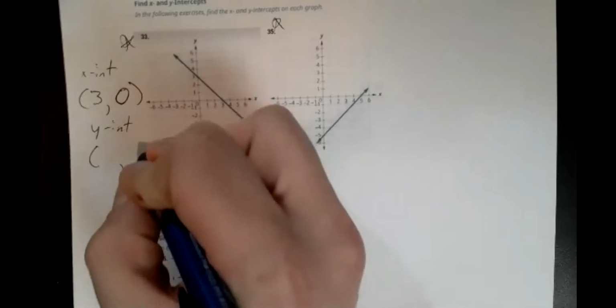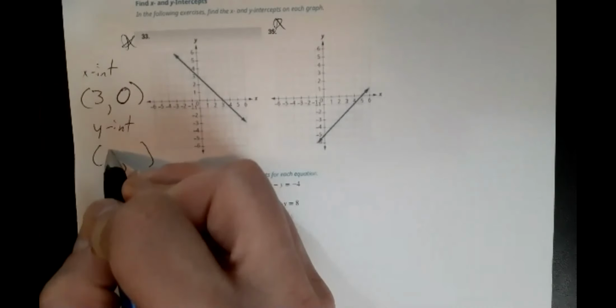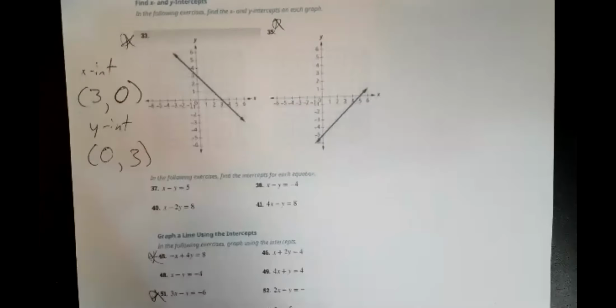So the x-intercept is when your y is 0. The y-intercept is when your x is 0, right? Okay.